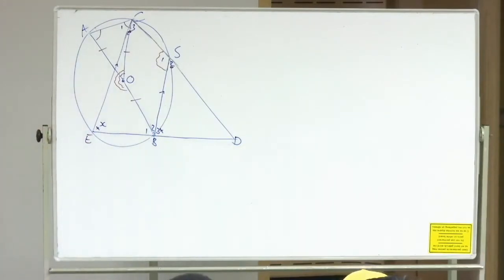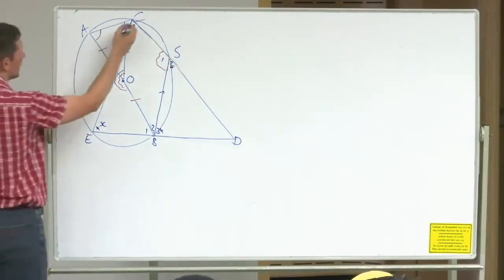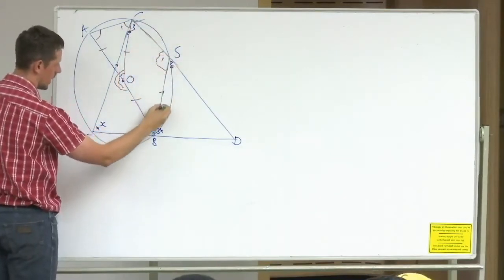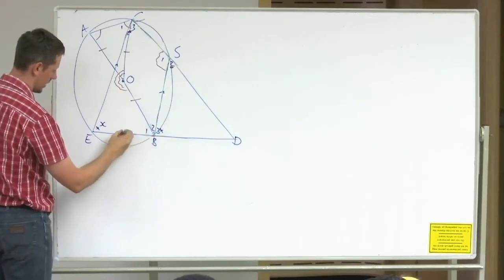But which theorems did I forget to look at? What about cyclic quads? Do not forget to look at cyclic quads, because here I have a cyclic quad.